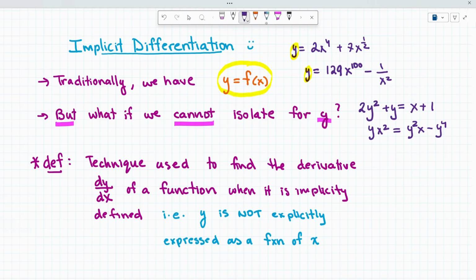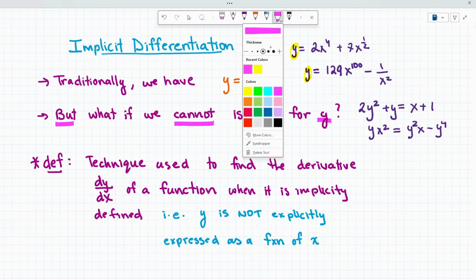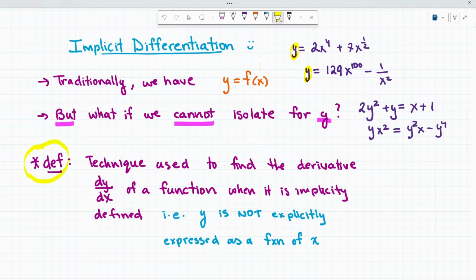I'll draw your attention here to the definition that I wrote out for us today. Implicit differentiation is a technique used to find the derivative dy over dx, so that's the derivative of y with respect to x, of a function when it is implicitly defined.